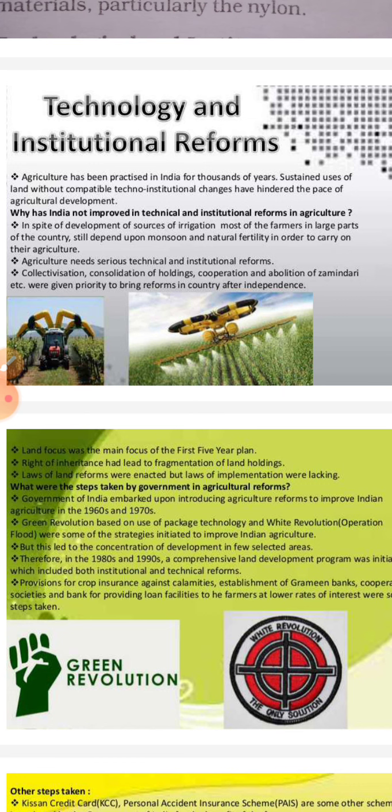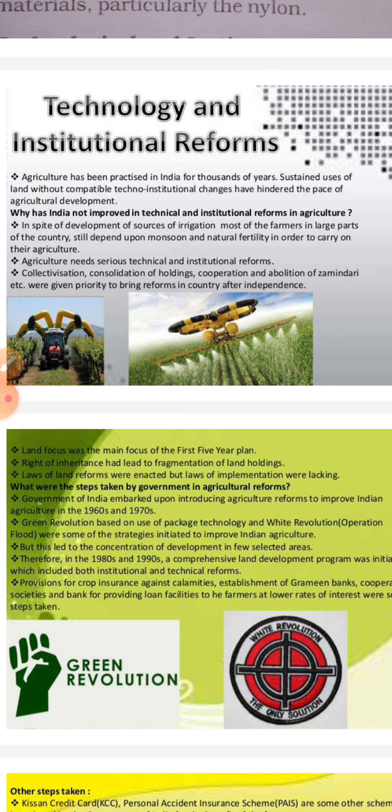So, to make Indian agriculture self-sufficient in the production of food grains and also to increase the speed of agricultural development, several steps have been taken by the government of India and also the state governments.